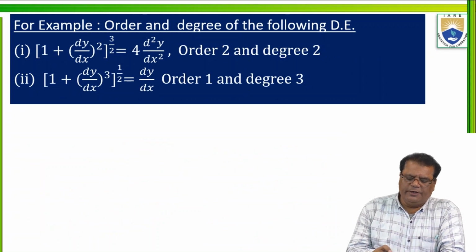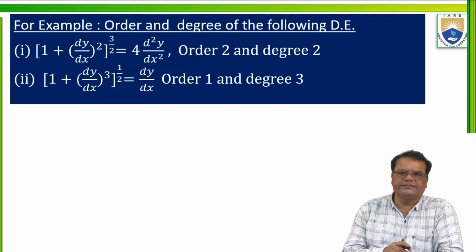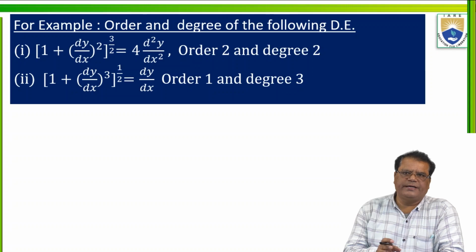Now here I am giving some examples of rational power. If in our question there is a rational power, how can we check the order and degree? In the earlier question, with the whole to the power 3 by 2 equal to this, first of all I square on both sides, giving order 2 and degree 1.